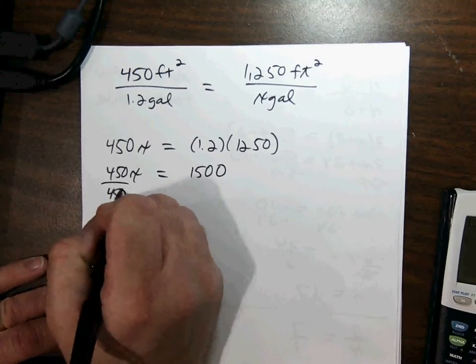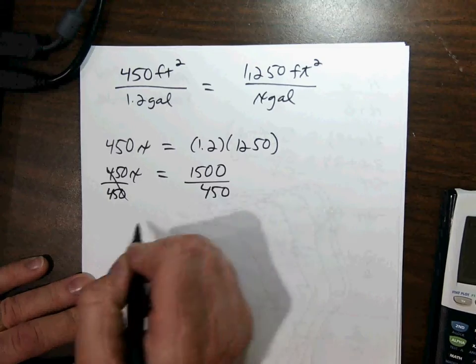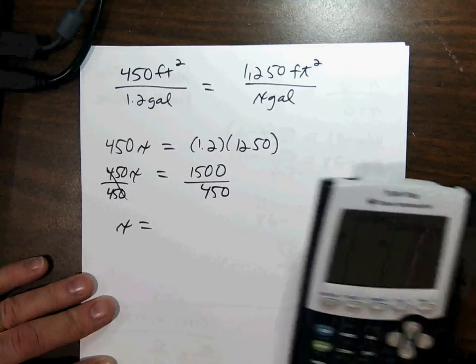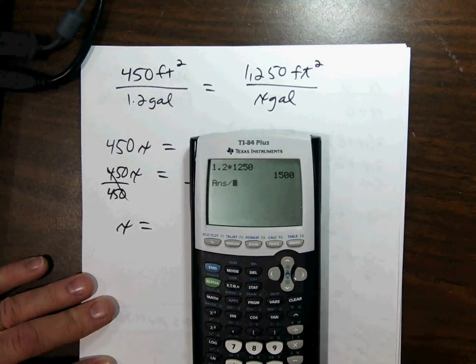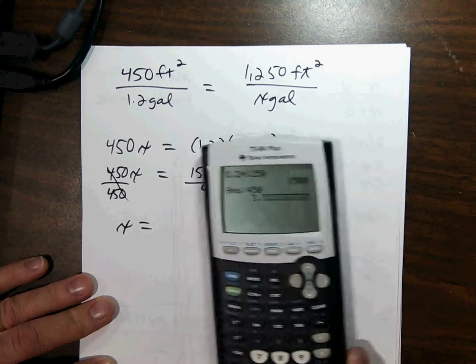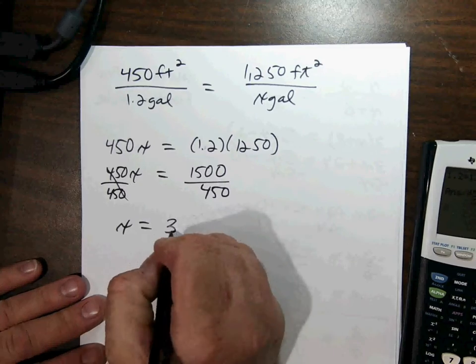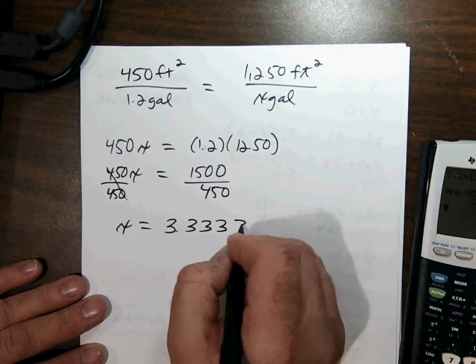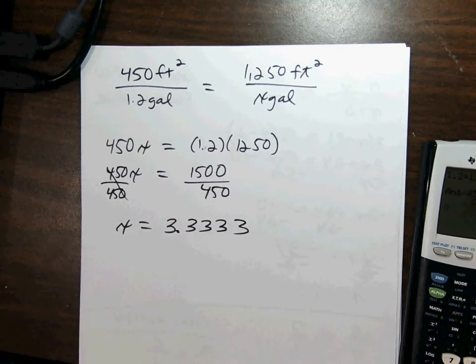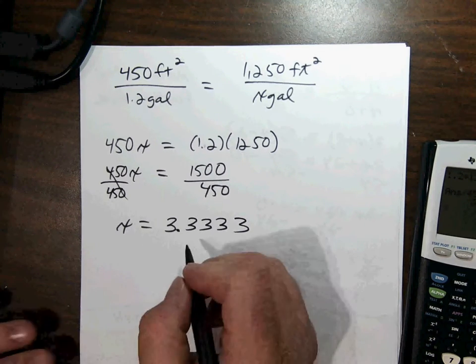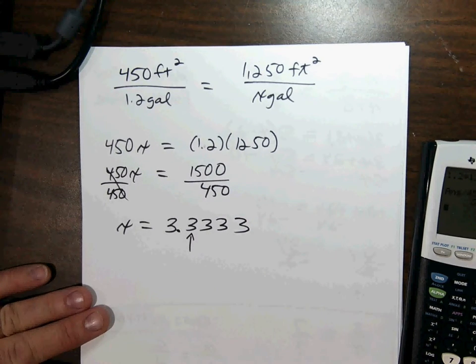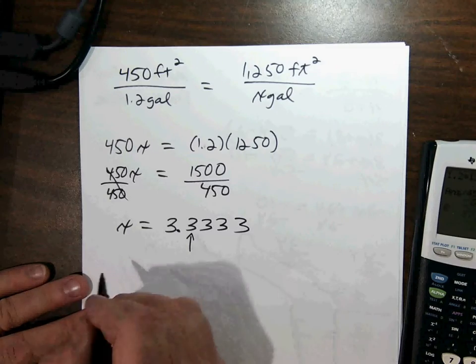Divided by 450. x equals 1,500 divided by 450, and we get 3.333 repeating. 3.333 goes on forever, and we were given instructions to round to the nearest tenth, so that's right there. Round to the nearest tenth, 3.3 gallons.